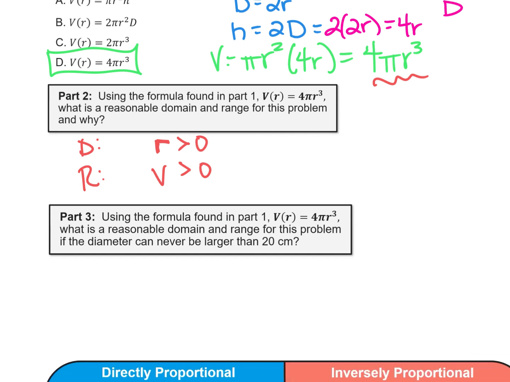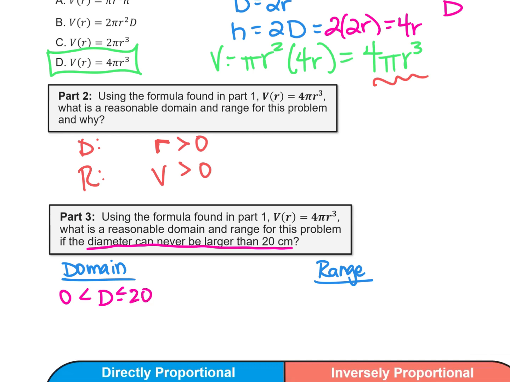And they tell us down here, using that same formula we just found, what's a reasonable domain and range for this problem if the diameter can never be larger than 20? So we want to redo the domain and the range. My domain deals with r, but they didn't give me information about r. They said that the diameter can never be larger than 20, which means my diameter has got to fall between 0 and 20.